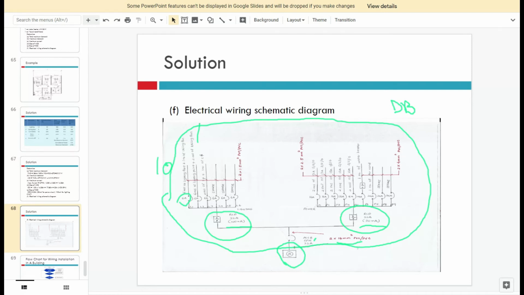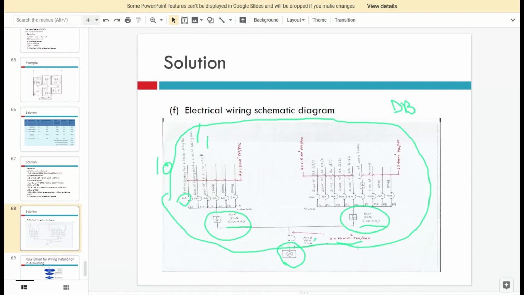Then we have 2 lighting points plus 1 ceiling fan, and then we can add more for the spare, in case in the future we need to connect more electrical appliances. For the conductor sizing, we choose 1.5 square millimeter.